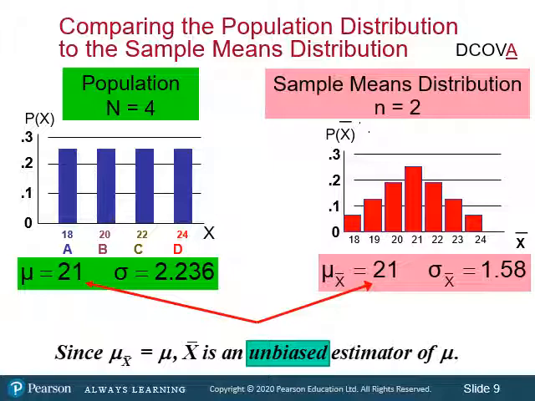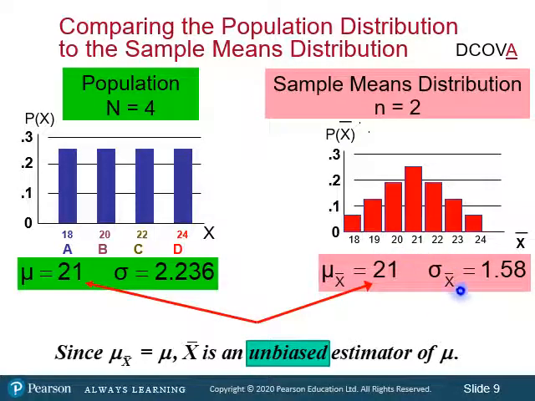Whereas here, for the means distribution, we have 16 samples. 18 appeared once, 19 appeared twice, 20 appeared three times, 21 appeared four times, and 22 three times, 23 two times, and 24 one time. So the mean value for the sample is 21.